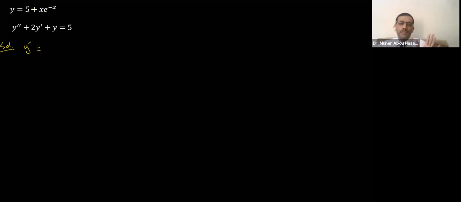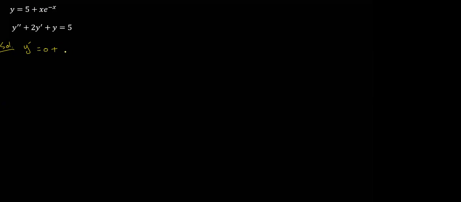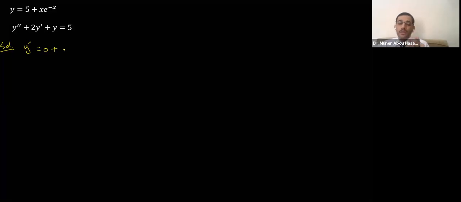Help me. The derivative of 5 is nothing, plus 0. Yes, plus. Now the derivative of x times e to the negative x. So you have a product. Do you remember the product rule? Yes, Yusuf. I'm out of practice, I don't really know. You forgot the rule. Yes, I will tell you.